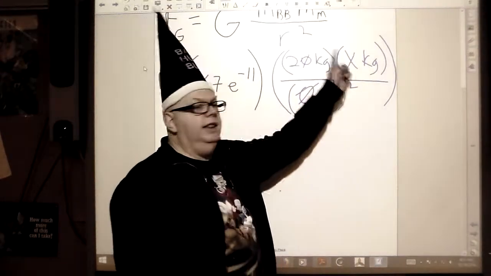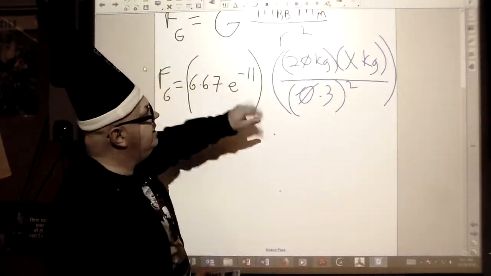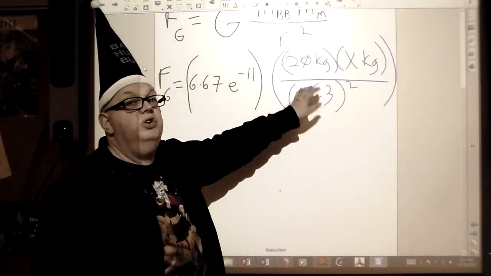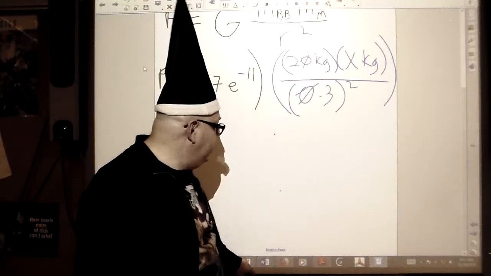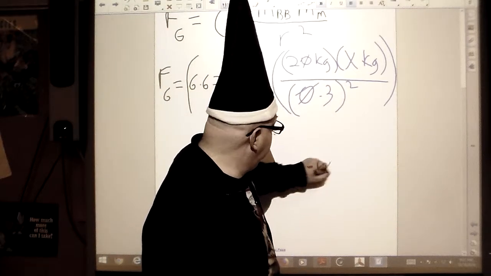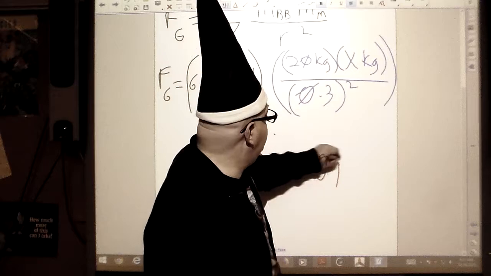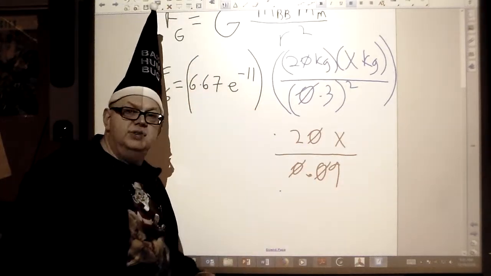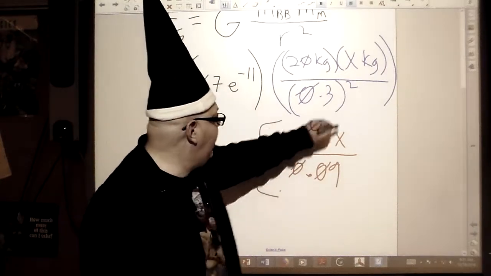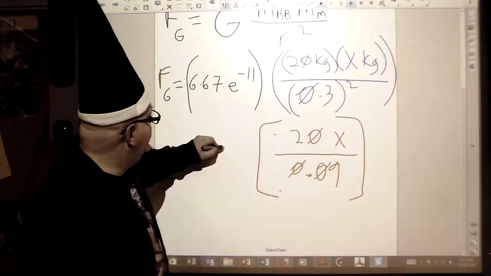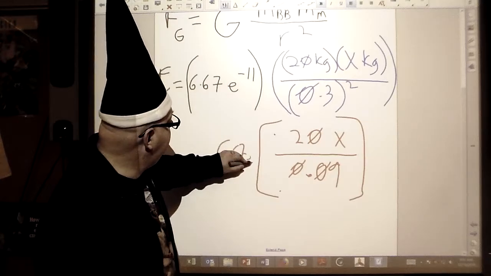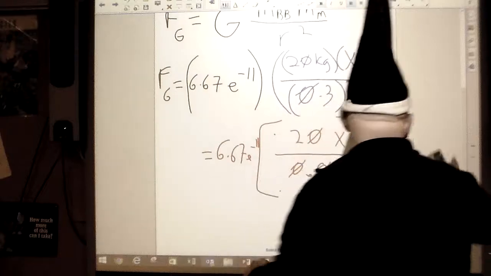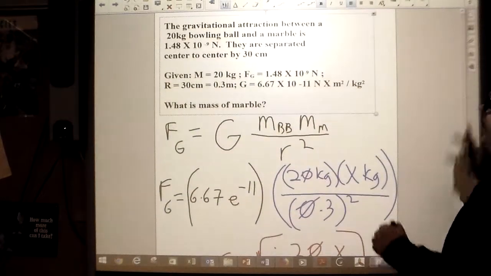So let's go ahead and divide this out first, multiply and divide it. So this is going to be 0.3 squared. That's 0.3 times 0.3, that gives us 0.09. So that's going to be 0.09 on the bottom, and we have 20 times x over 0.09, and we're going to take that and multiply that by 6.67 e to the minus 11, and that's going to equal, well, they gave us the force of gravitation, didn't they?